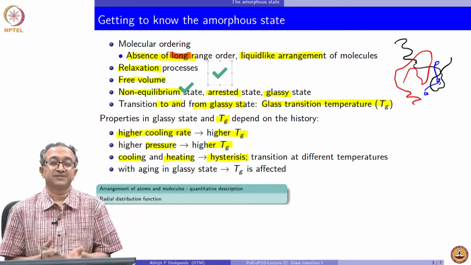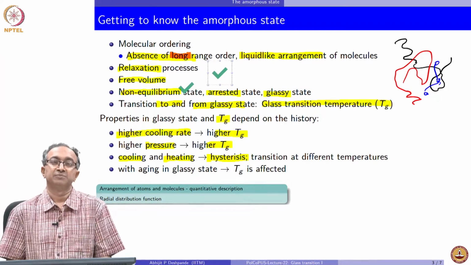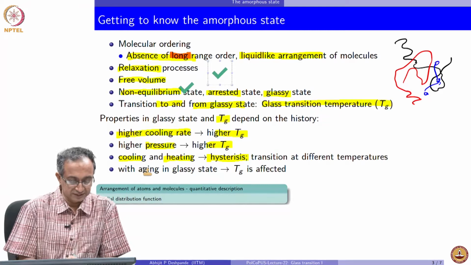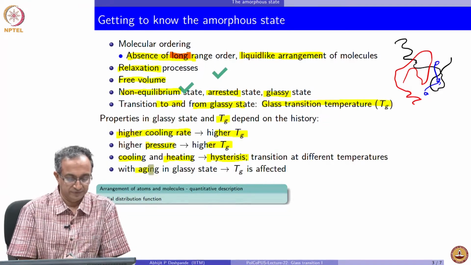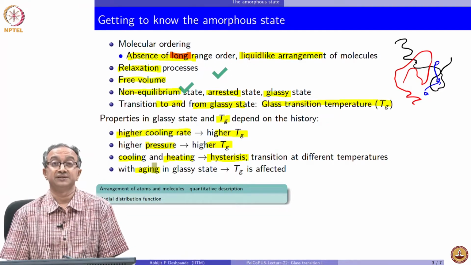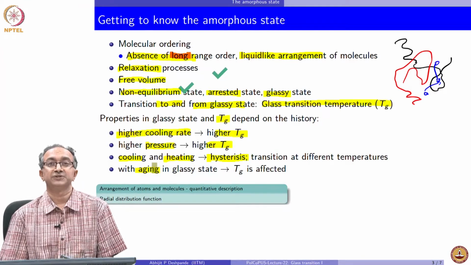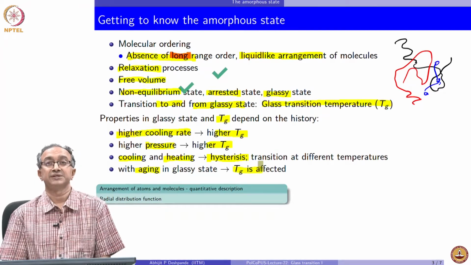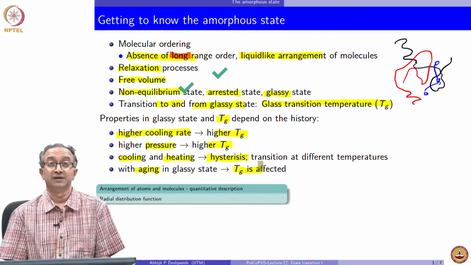Now, if it is left for some long amount of time, then molecular arrangements can take place, and therefore, we call such phenomena aging phenomena. And because glass is a non-equilibrium state, such aging processes do take place, and because of this aging processes, the glass transition temperature will also get influenced.